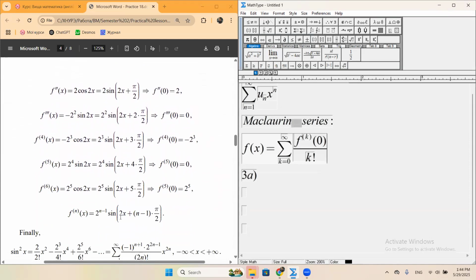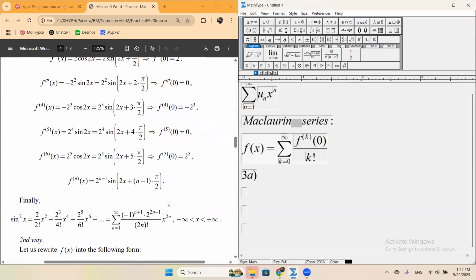After calculating the first derivatives, we see some rule, so that the nth derivative equals the following expression: 2 to the n minus 1 times sine of 2x plus (n minus 1) pi over 2.